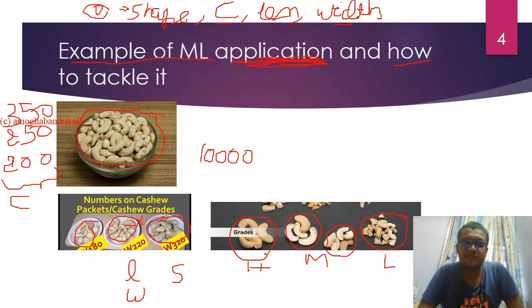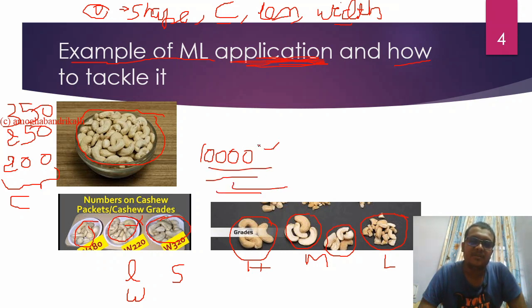This can be the 320 rupees high grade version, this can be 220, and this can be the 180 version. So by giving different examples like this, of 10,000 values, each division will have 1000 values or 2000 values, 2000 images of grades of the respective things. So here we have three conditions. 10,000 divided by 3, around 3500 of each grade you need to collect.